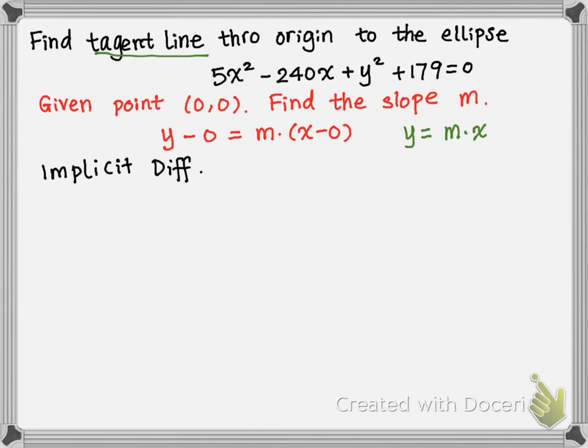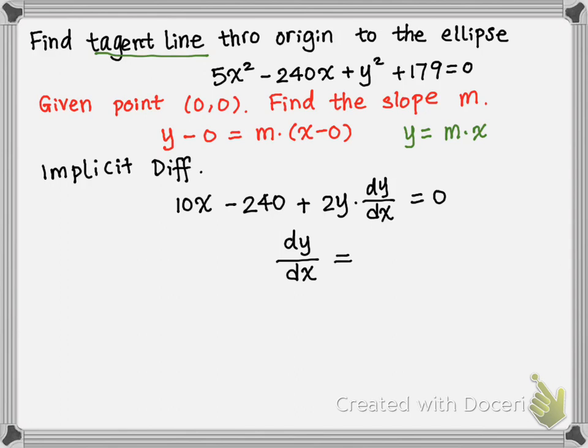So differentiating the equation, we get 5 times 2, 10x, minus 240, plus 2y times dy over dx, because y is a function of x and we gain a factor because of the chain rule, plus 179, the derivative is 0. So this whole thing equals 0. Then we solve for dy over dx. And we simplify.